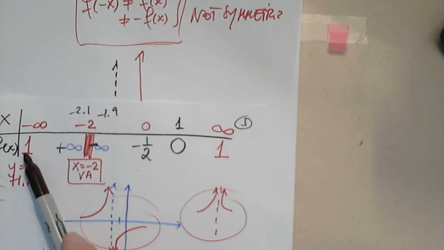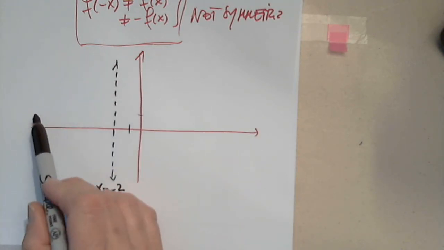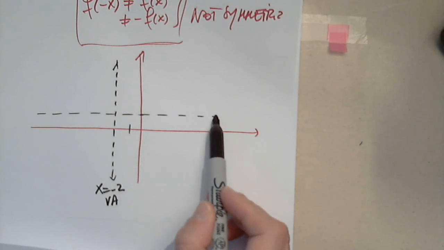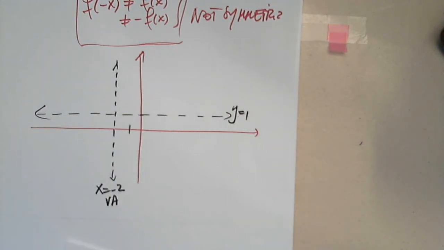I will continue with y equals 1, the horizontal asymptote. And now the function.